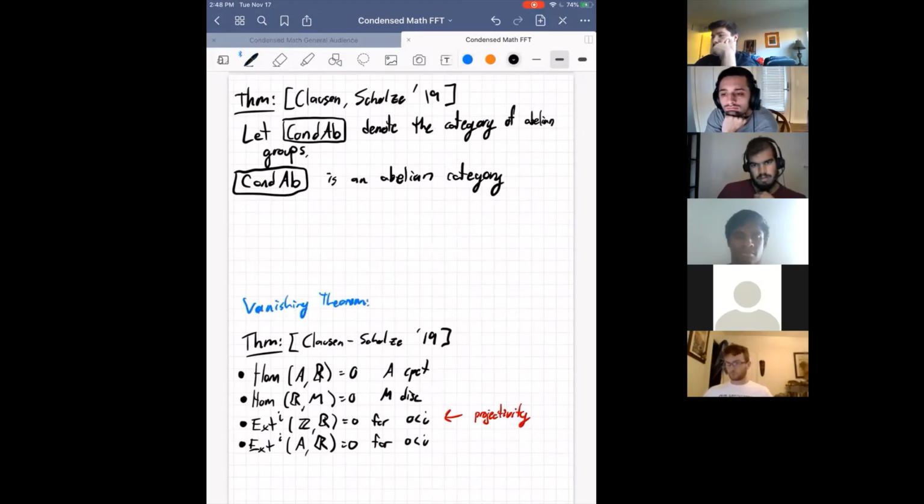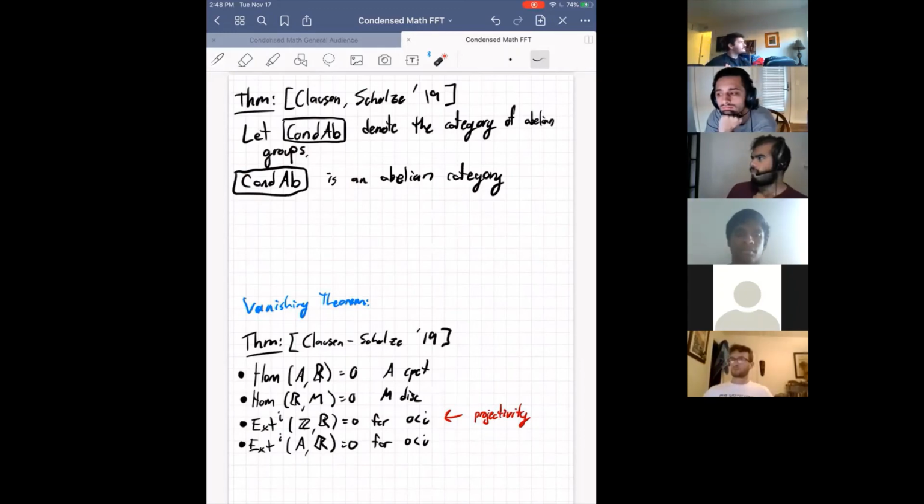I won't prove this theorem, but you can prove it using just what you know about locally compact abelian groups. So what is that theorem? The homomorphisms, in this case, Hom is going to be homomorphisms of condensed abelian groups, which I haven't quite defined.